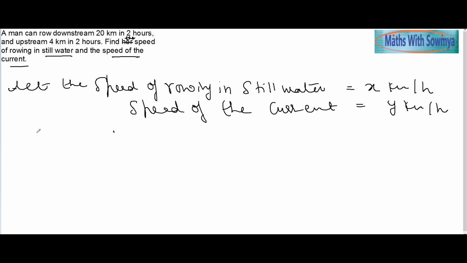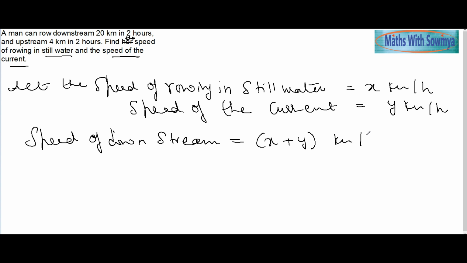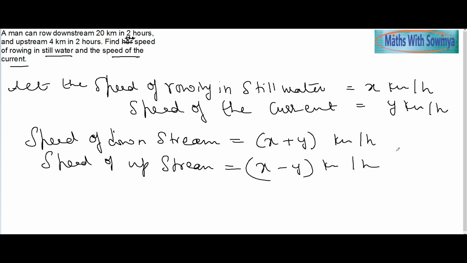Now we can take speed of downstream. I told you downstream means add both, x plus y. First always take the still water. Now, speed of upstream, x minus y kilometer per hour.